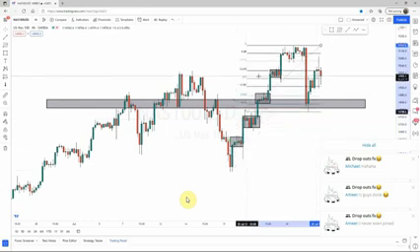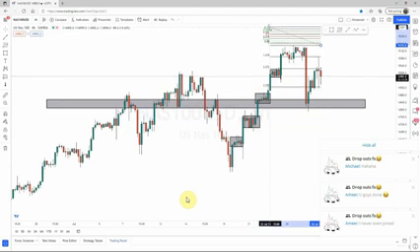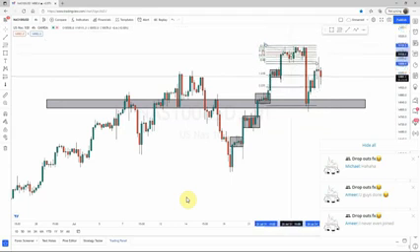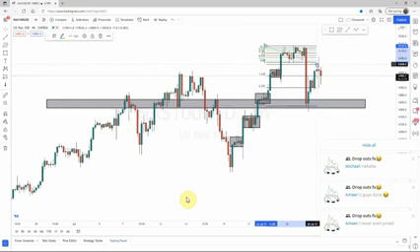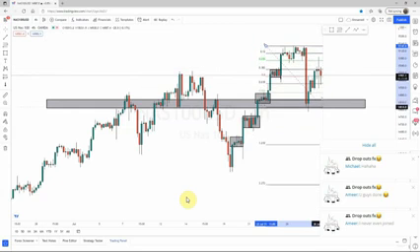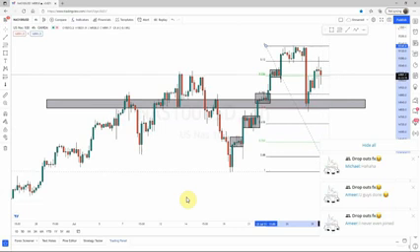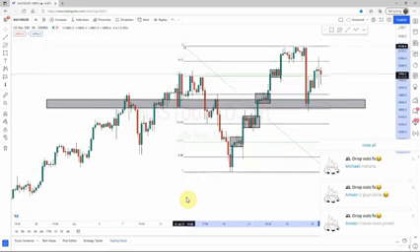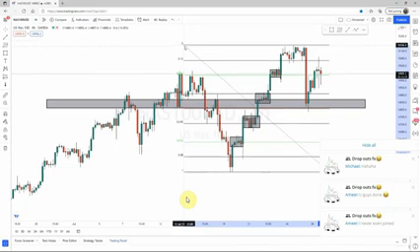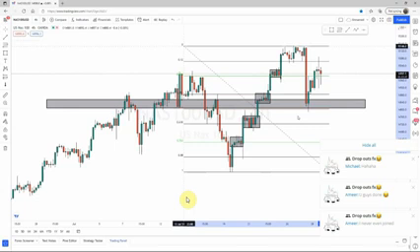So this automatically tells me that they have gotten their discounted price. If we take this whole move, they got discounted price.